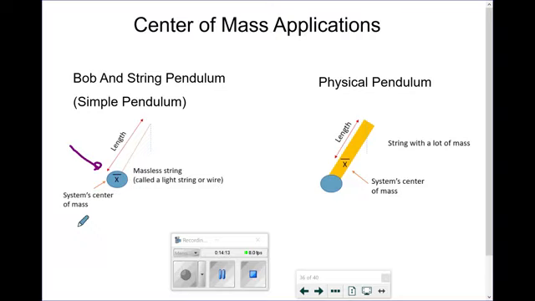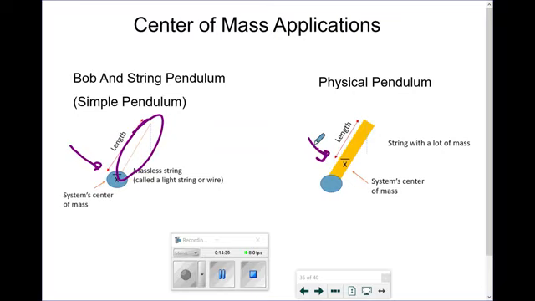But we have things known as physical pendulums. These are pendulums where the string itself is not massless. It could be a rod, it could be a chain, it could be a very thick or heavy string itself. But when we have to include that mass, the center of mass of the system actually shifts upward, and so the effective length of the pendulum is actually shorter.